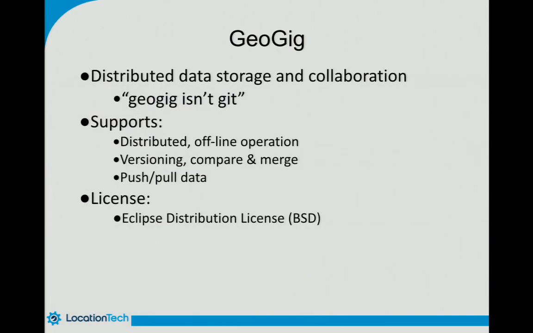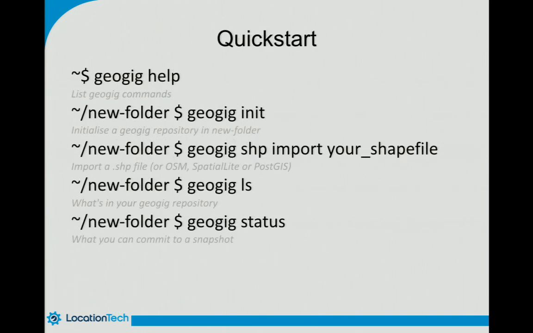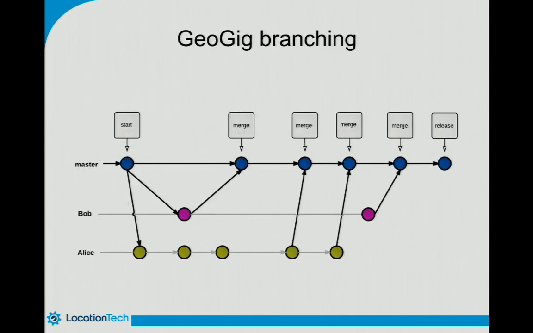So I do need to say that GeoGig isn't Git. And we offer a really friendly user interface in the form of a command line. It is also available as a library to use in your own application. And it offers all the same kind of power as Git in terms of branching and tagging and so forth.